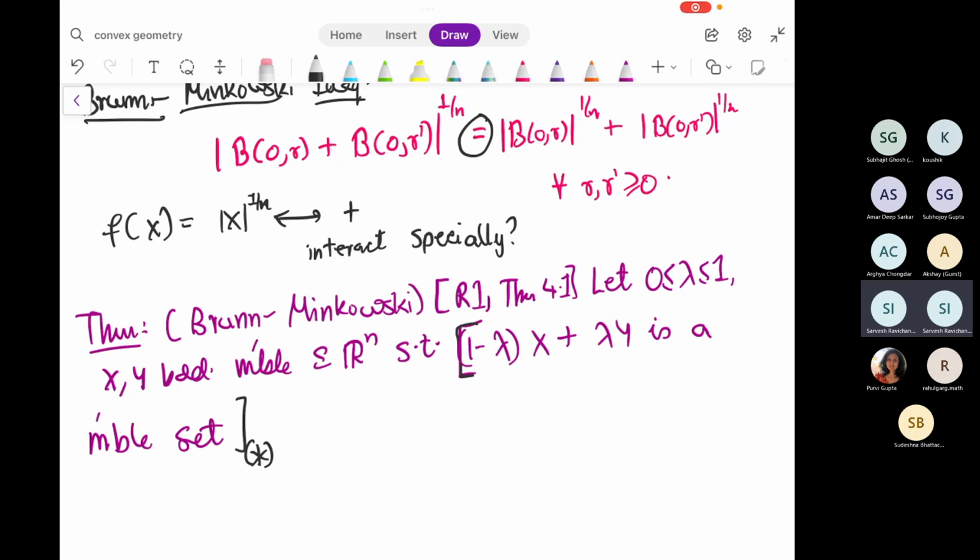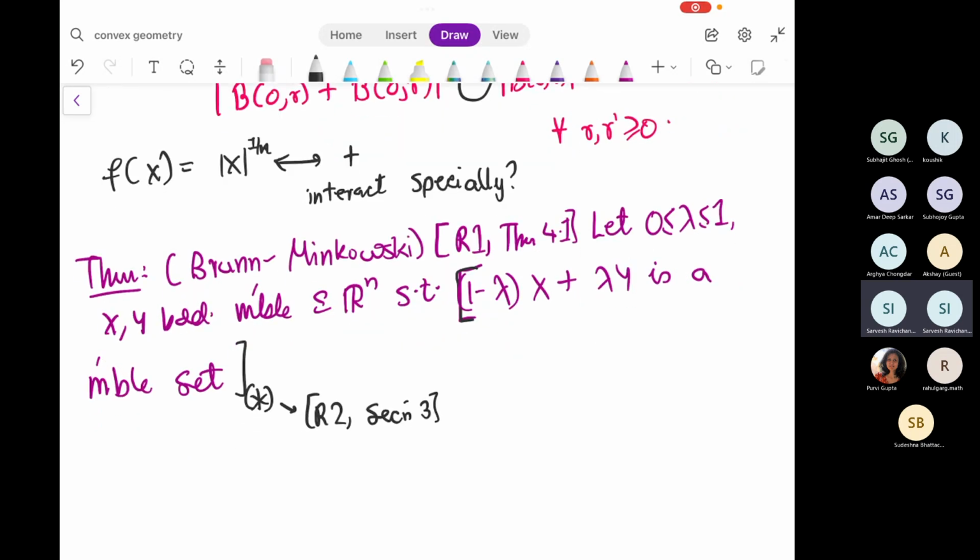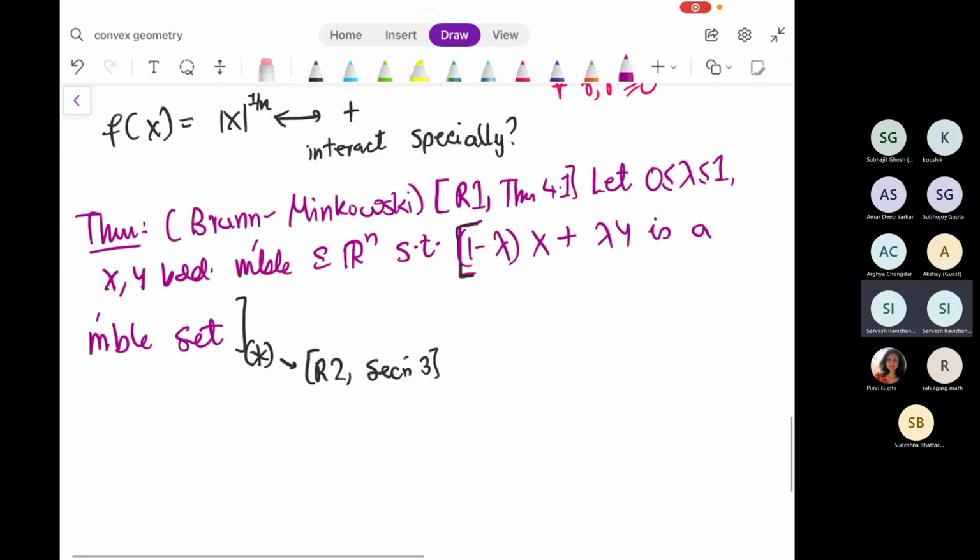This needs to be a non-trivial assumption because, as it turns out, if you check Manjunath's notes, section 3, you can find sets x and y and a particular lambda such that (1 minus lambda) x plus lambda y is not measurable, although x and y are measurable. So this is a non-trivial assumption that is necessary to state this particular theorem. However, once it's stated, then as I mentioned, the concavity of f literally translates to the following statement.